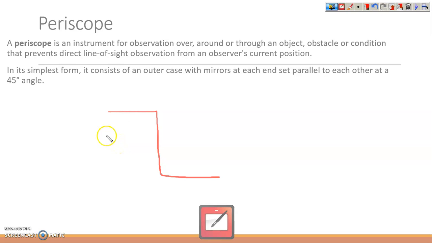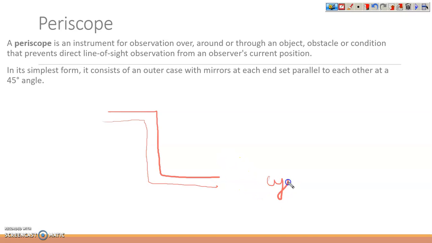A periscope is like this. Here is the eye, here is the object. Here is the mirror, placed at 45 degrees. Here also a mirror, placed at 45 degrees. The light is coming like this.